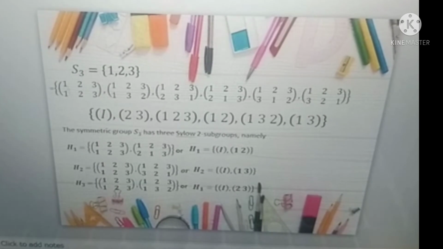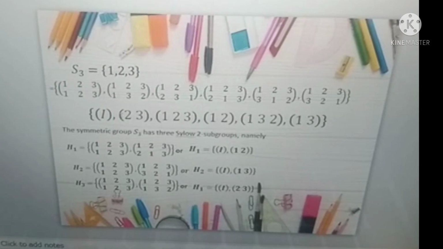Since 1 maps to 1, 2 maps to 2, 3 maps to 3, the identity maps each element to itself. So that is the identity, it is not 1, it is the identity. Next, how can we solve this one, 2 3? As you can see, 1 maps to 1, so it is already there, but in cycle notation, an element that maps to itself does not need to be written, because it is obvious.